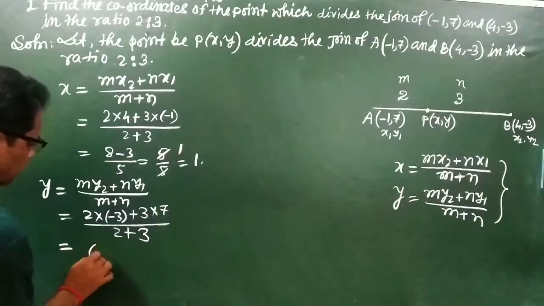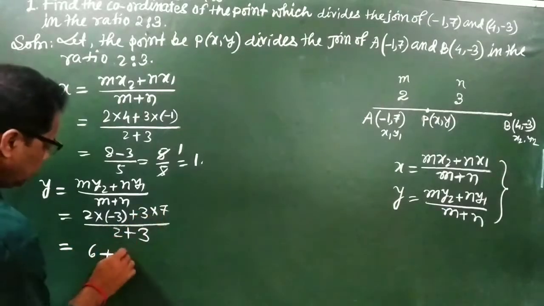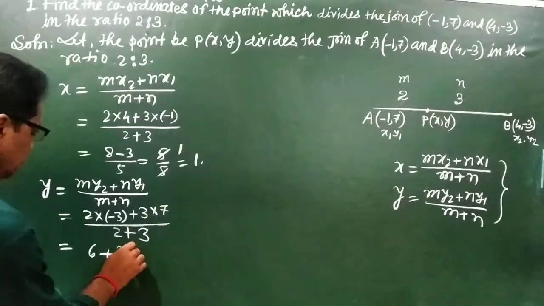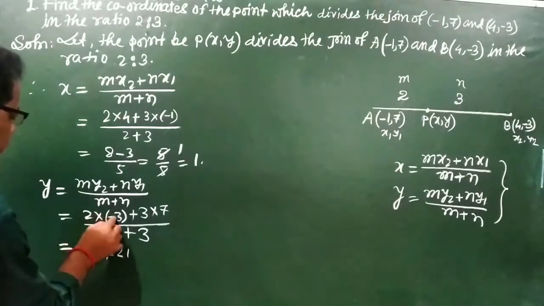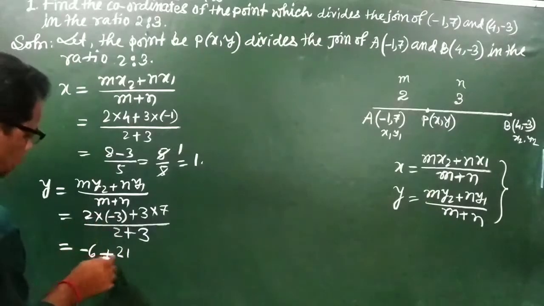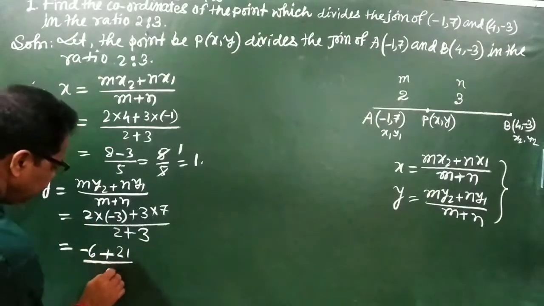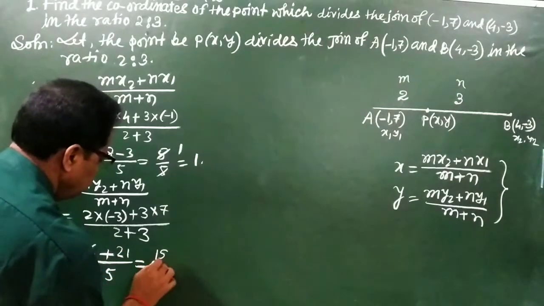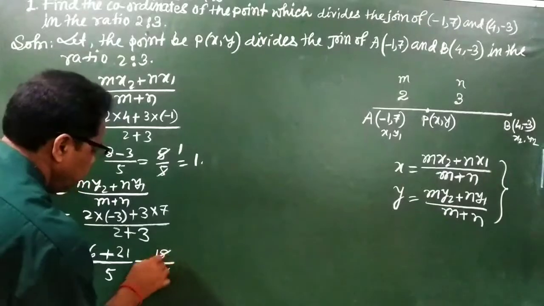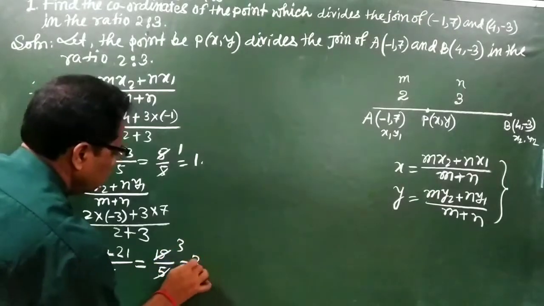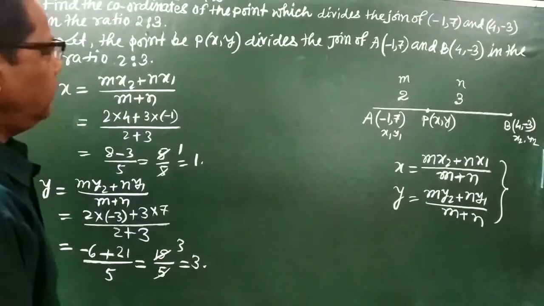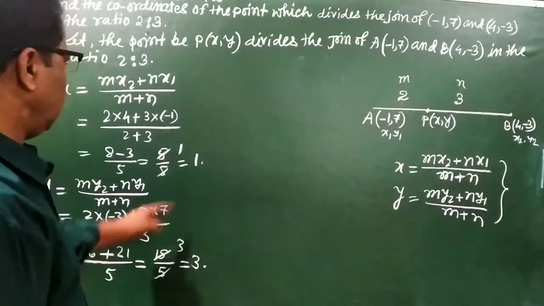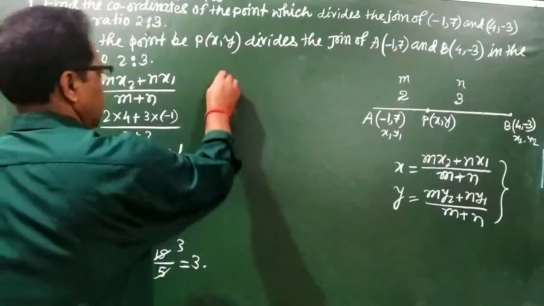Getting -6 plus 3 sevens is 21, that is -6 plus 21 divided by 5. So 21 minus 6 is 15 by 5, then 5 threes equal to 3. Therefore the y coordinate is 3.